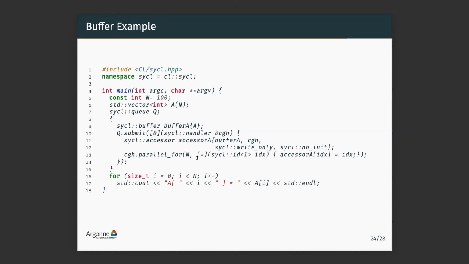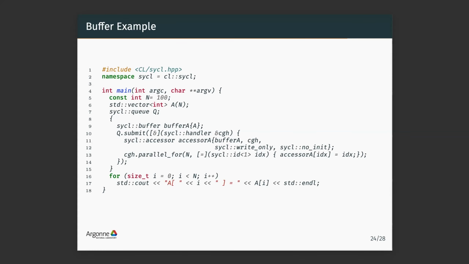The drawback is that if you are porting your code, it's maybe painful to refactor all your code to use buffer and accessor. But if you are developing new code, I really encourage you to use buffer and accessor, because I think it will really ease this kind of performance optimization of data transfer.